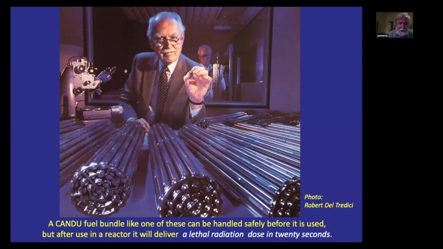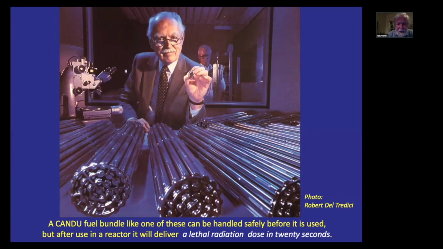And these fuel bundles in front of the gentleman, CANDU fuel bundles, are harmless to handle before they go into the reactor, because uranium only gives off non-penetrating radiation, which doesn't even go through the metal coating of the fuel bundles.